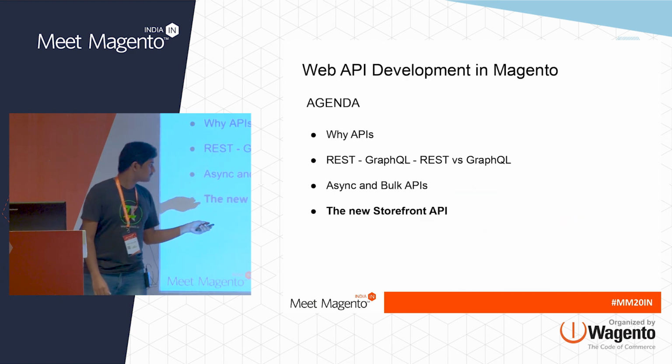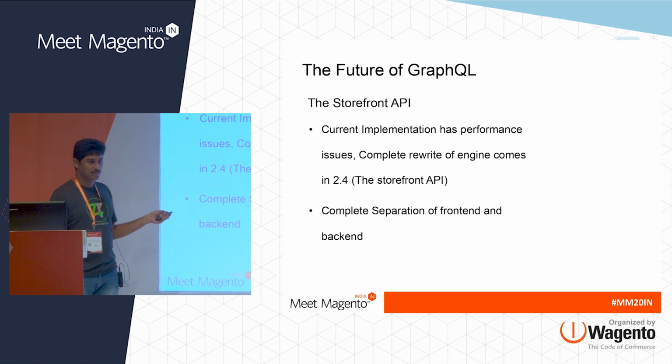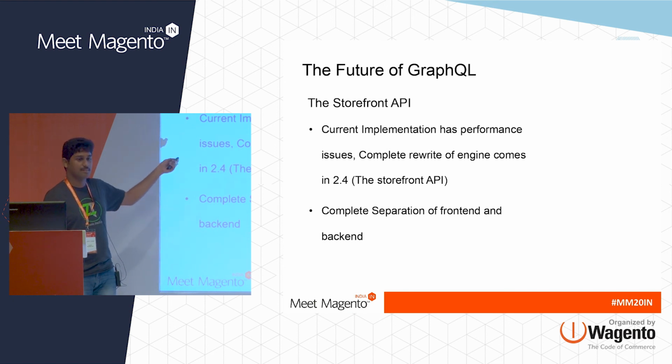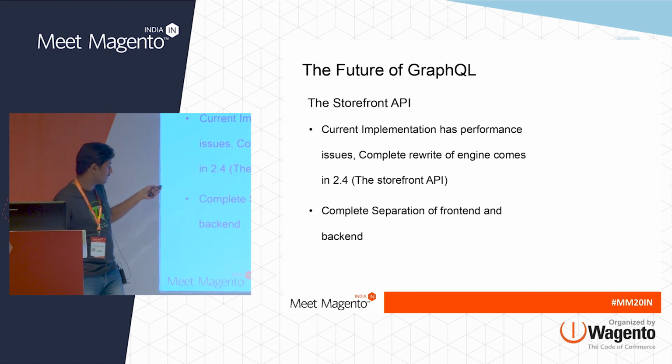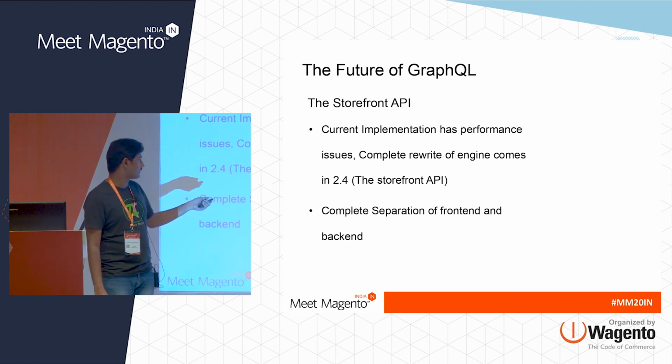Then there is the new Storefront API. This is what was discussed by Jesse today, and it will solve all the performance issues with the current GraphQL engine, and provide a complete separation of front end and back end.